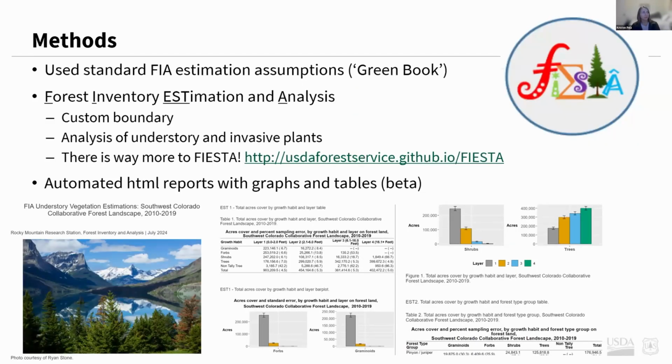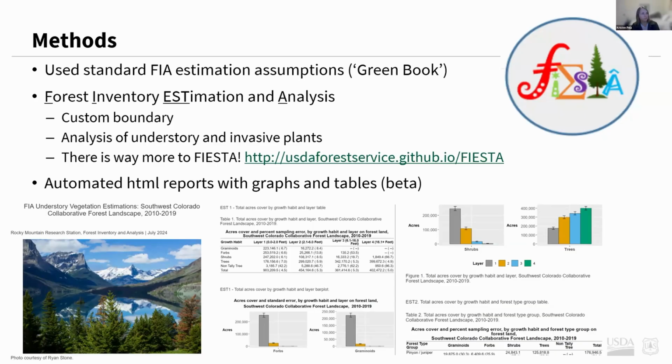We used the standard FIA assumptions, Green Book assumptions for our estimates, but we did use the Fiesta tool because it allows us to create a custom boundary. So we're able to look at that CFLR footprint. And we also did a lot of work, and Tracy and Nathan did a huge amount of work, to work up understory and invasive plants estimates.